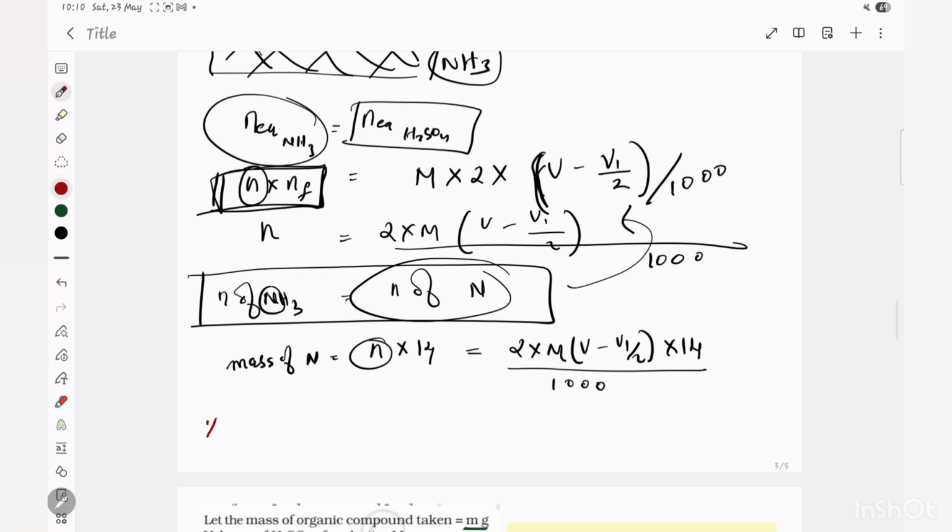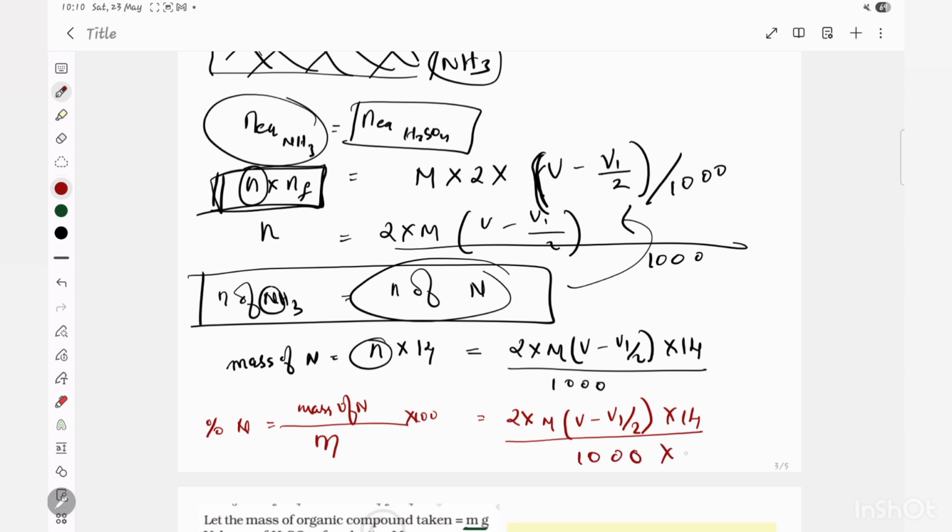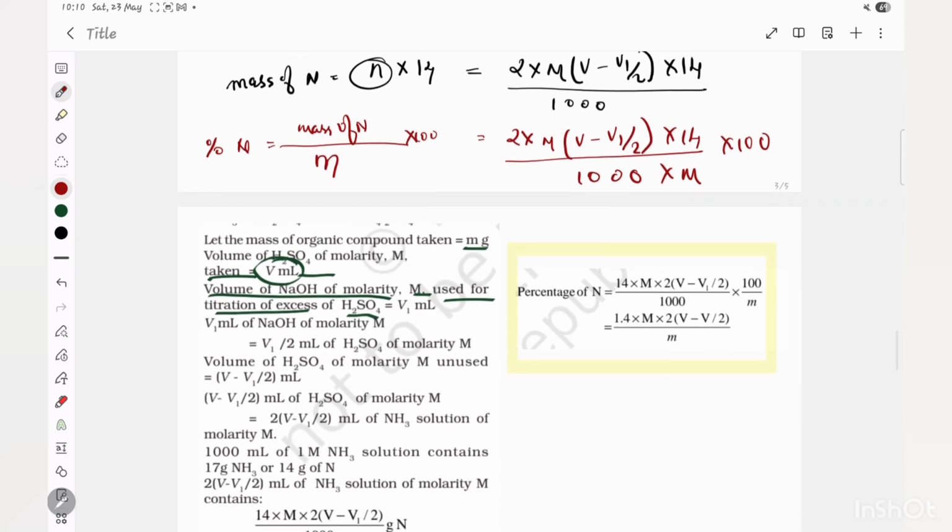Therefore, what is percentage of nitrogen? Percentage of nitrogen is mass of nitrogen divided by total mass, that is m, into 100. So mass of nitrogen is 2 into M into V minus V1 by 2 into 14 divided by 1000, divided by m, into 100. That is the equation.